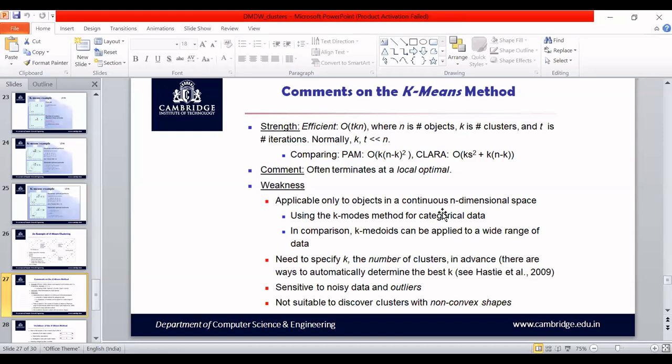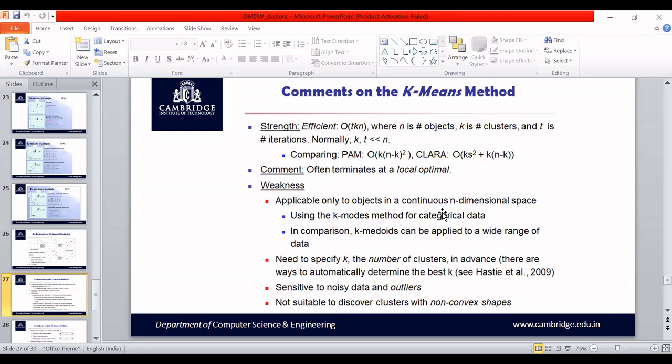But whenever you take an n-dimensional space or objects which are complex, then it is difficult to categorize all the data points, especially categorical data. So your k-means cannot be applied for categorical data. In that case, instead of taking means, we will take mode.